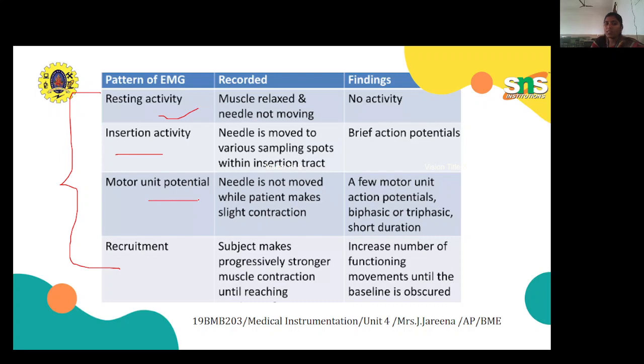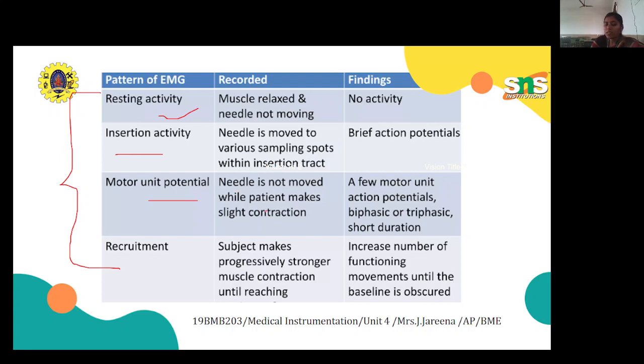The third one is the main action potential that we generate, which is nothing but EMG. Here the needle is now stable. Once the needle is fixed in that particular area, a stimulus is given to the muscle to make a slight contraction.